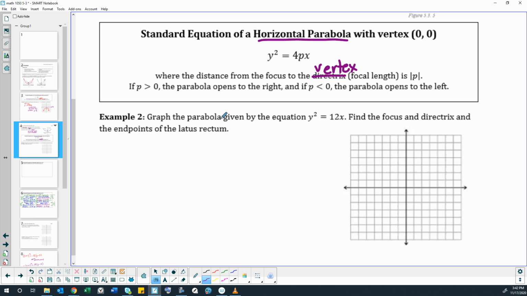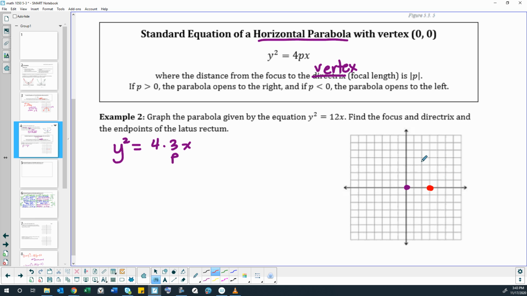Okay, so again, this is messed up. Focus to vertex. We're going to graph the parabola given by the equation y squared equals 12x, find the focus and directrix and the endpoints of the latus rectum. So we're going to start by changing our 12 to 4 times 3 times x, because now we know that that is p, right? And it's positive. So when it's positive, this is going to go to the right. Let's start with our vertex at (0, 0). And now our focus, because it's a positive 3, is going to be to the right 3.